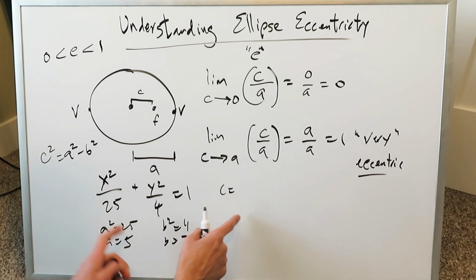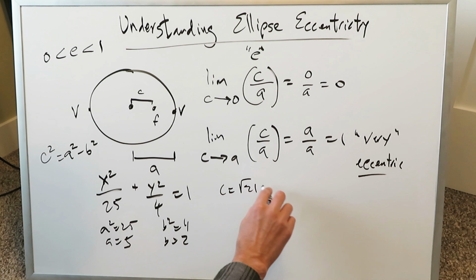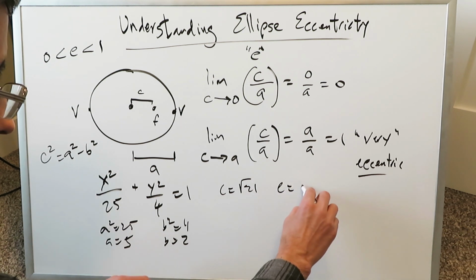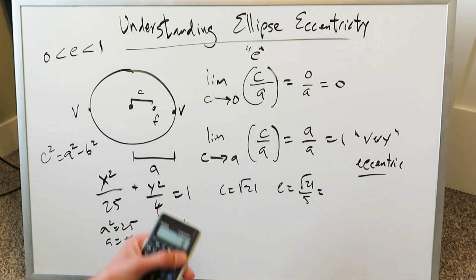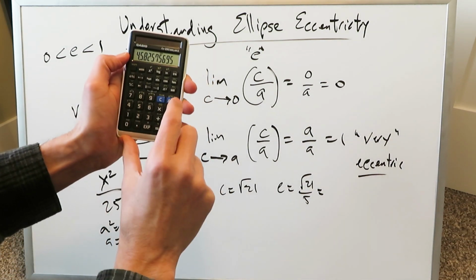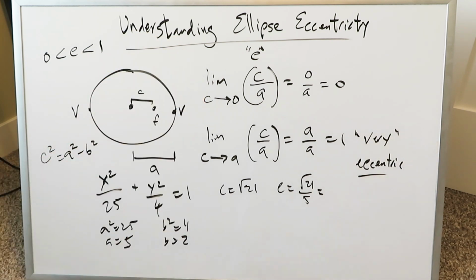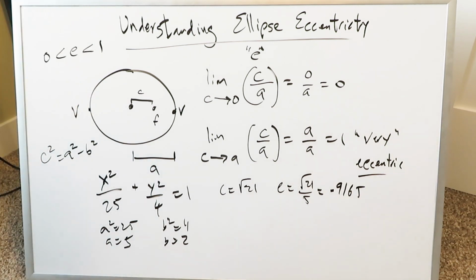You can do c square is equal to 5 square minus 2 square, and you'll have root 21. Eccentricity is c over a, which is root 21 over 5, and you'll see this value will be very large and very close to 1. Root 21 divided by 5, I'm getting 0.9165. It's quite close to 1, 0.9165. So it's a very eccentric ellipse just by the visual appearance.